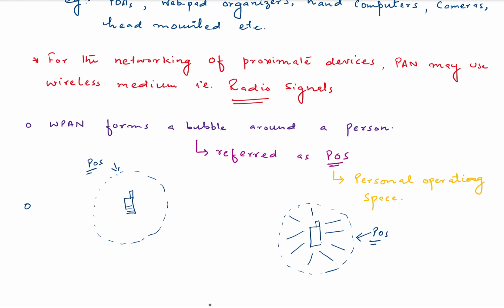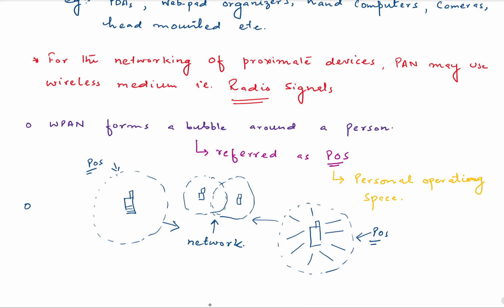And suppose when they move towards each other, suppose this one moves towards the left and this one moves towards the right, and at some point they reach a place where their personal operating spaces intersect with each other. Here you see these two POSs are intersecting with each other and then they will be able to communicate and they will form a network.